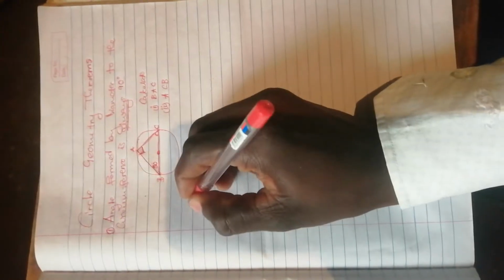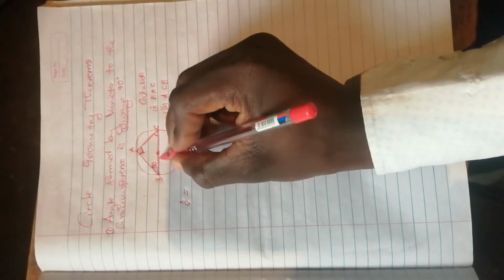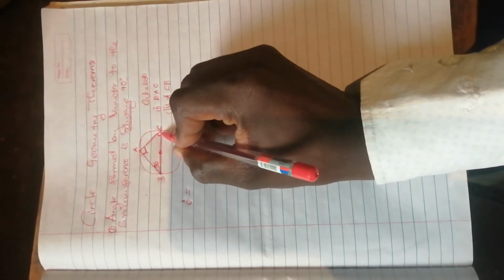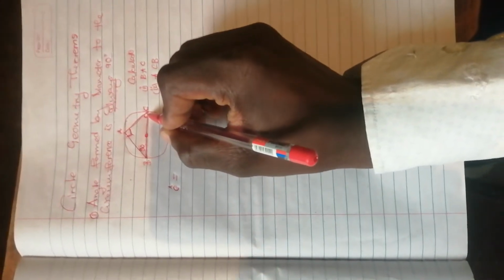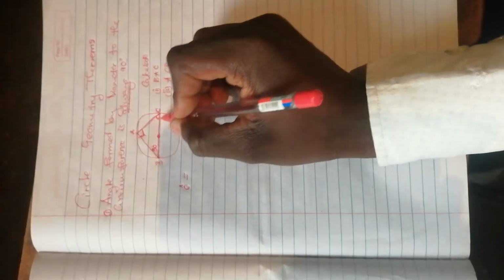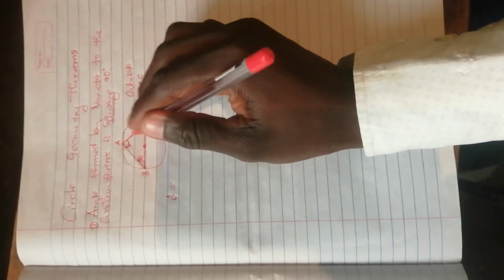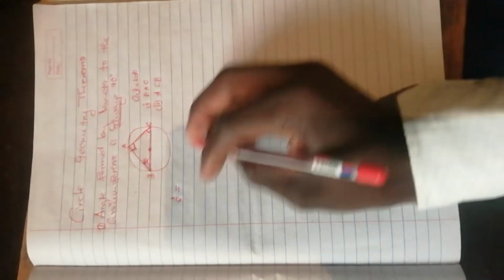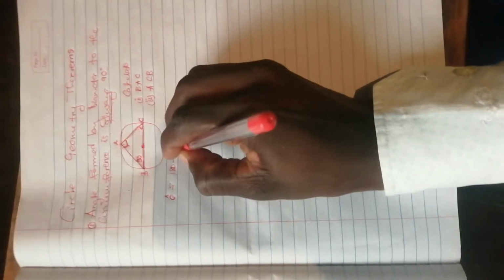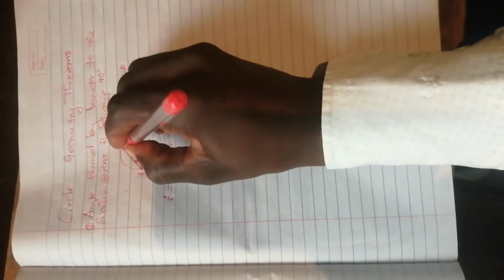Right, angle C, we're going to get by adding 50 plus 90 degrees and subtracting from 180. Why from 180? Because all the interior angles of a triangle add up to 180. So angle C is equal to 180 degrees minus 50 plus 90.